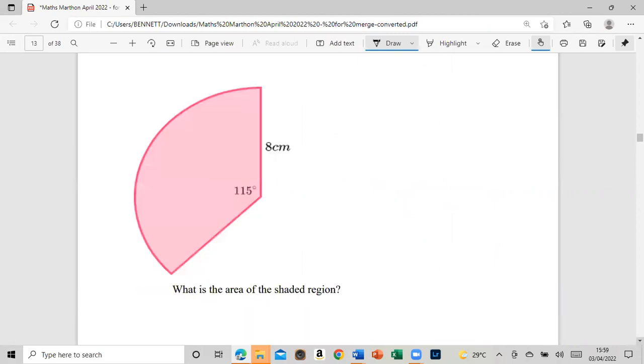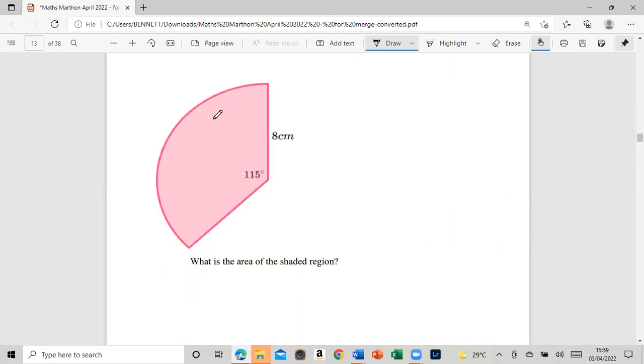All right, what is the area of the shaded region? What type of shape is this, guys? You don't know what type of shape this is? No, sir.